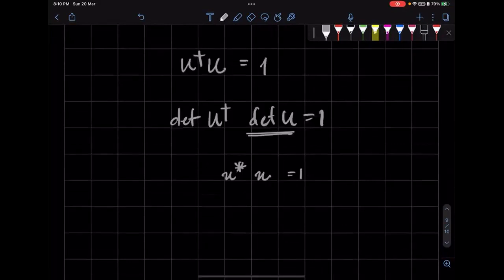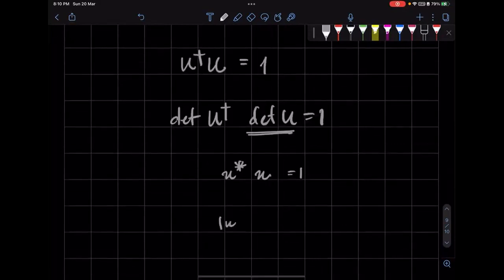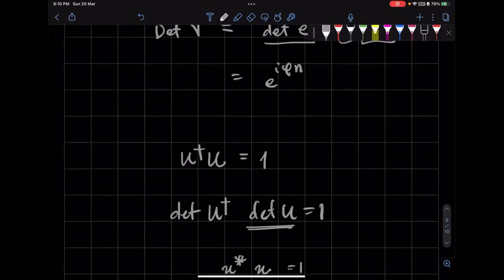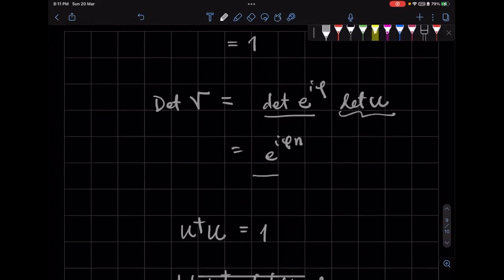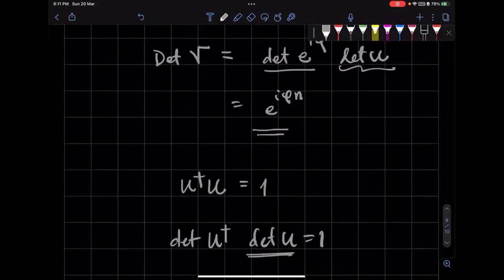So we see that the determinant of U is a phase. And that's what we get here, right? The determinant of, say, UN is a phase.